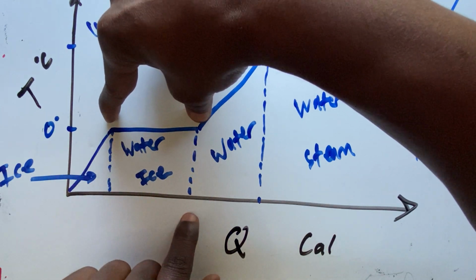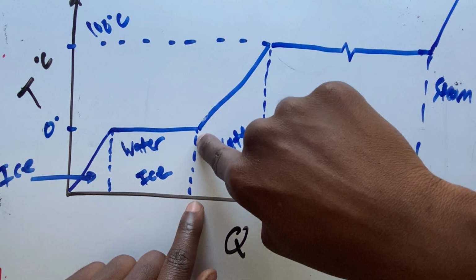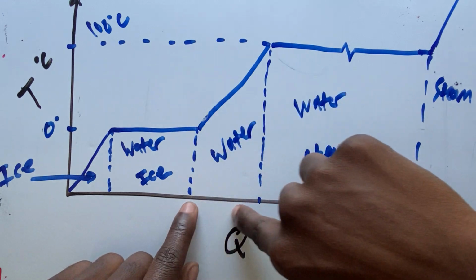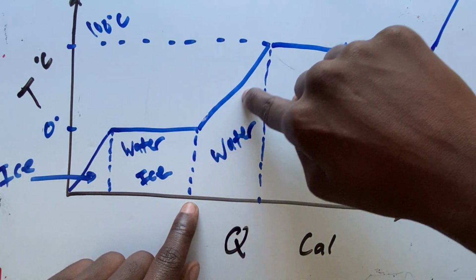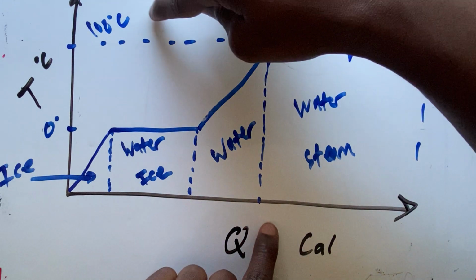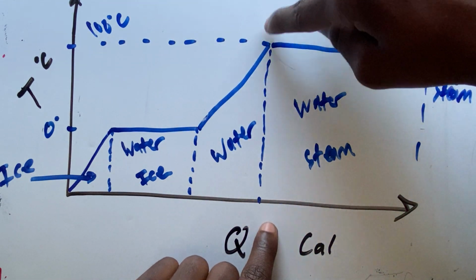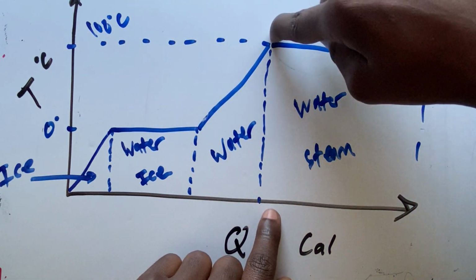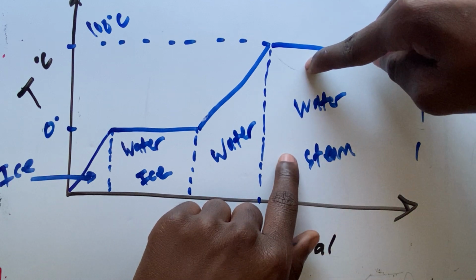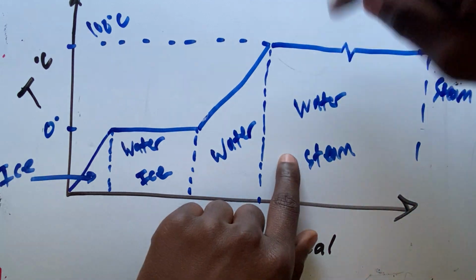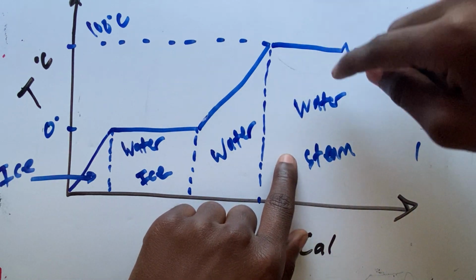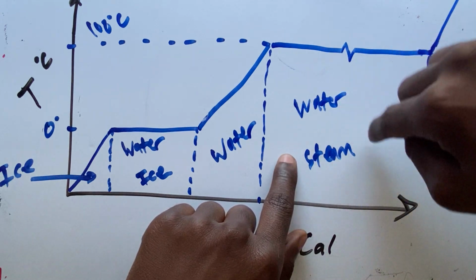At this point, it's all water now. Then we can heat it up, and this water just heats up until it gets to 100 degrees Celsius. Once it reaches 100 degrees Celsius, the water begins to evaporate. And now we have a mix of water and steam.